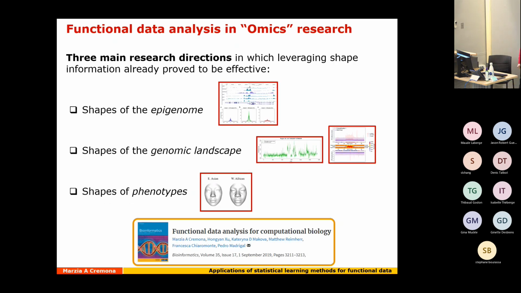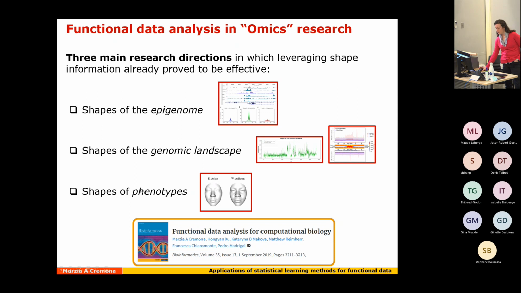So there are actually three main research directions in which functional data analysis has already been used in omics studies. One is the shape of the epigenome. In this case, the functional data are the signals, for example, of ChIP-seq, and these are really used to study the epigenome.